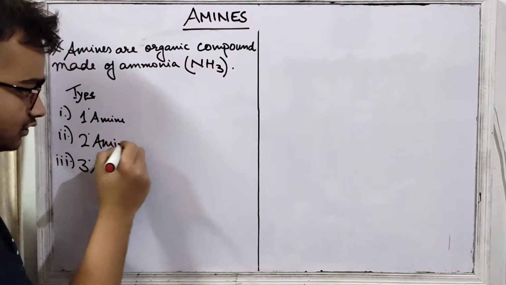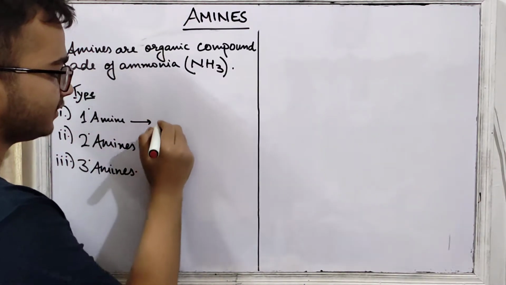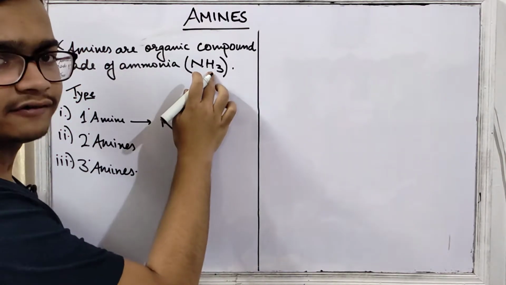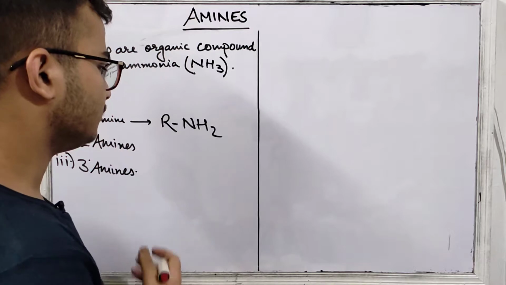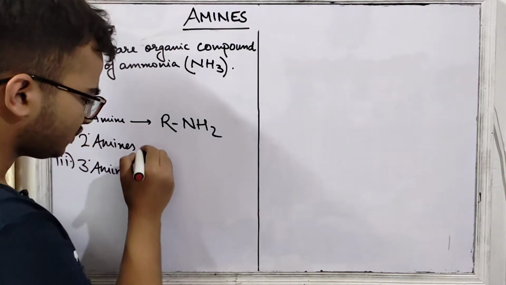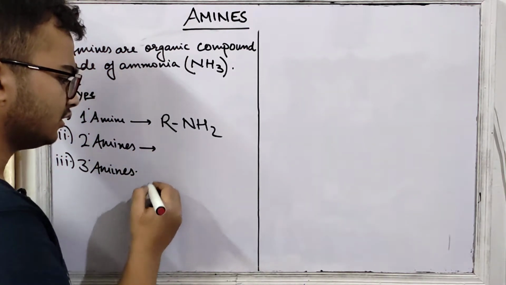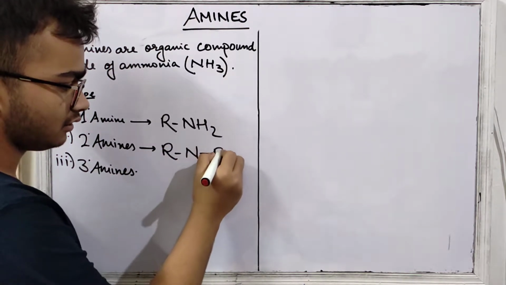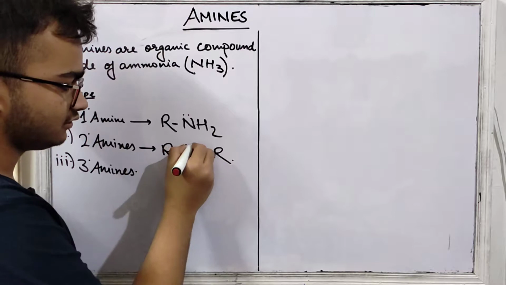Right. So what is the structure of our 1 degree amine? It is RNH2. One hydrogen is being replaced by R, where R is any alkyl group. In 2 degree amine, R and R, and you have to remember that nitrogen has a lone pair.